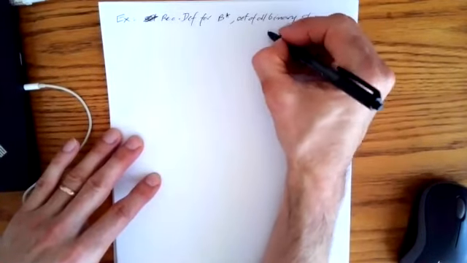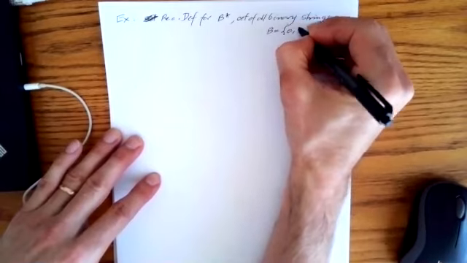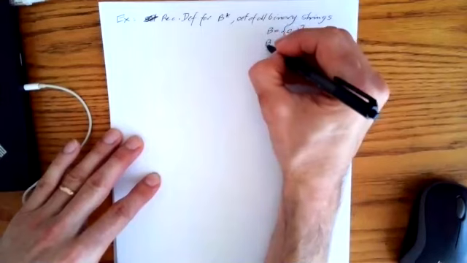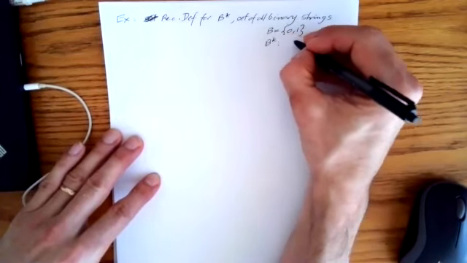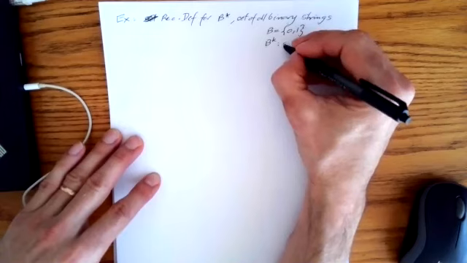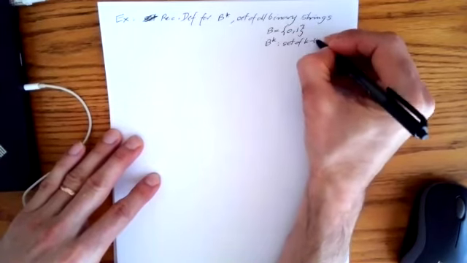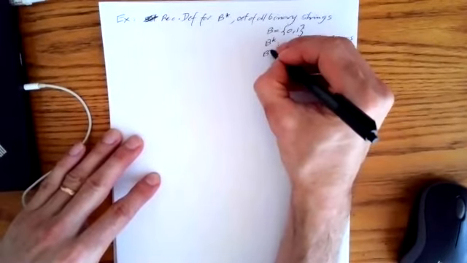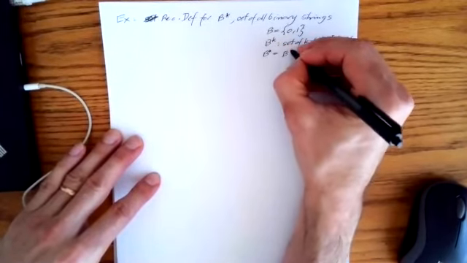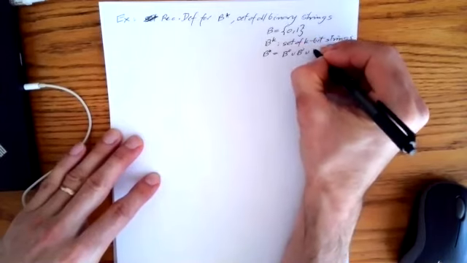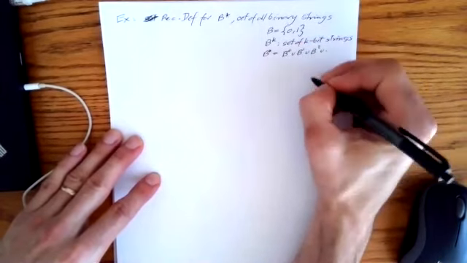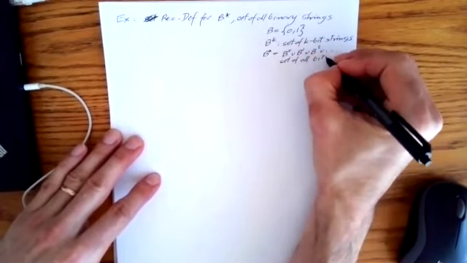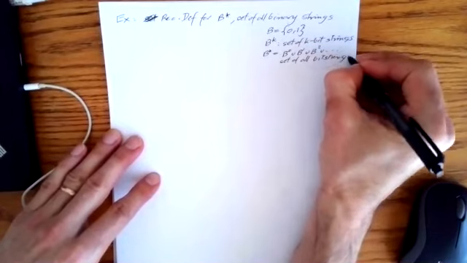Bits, I'm going to say, is the set of bits. B to the k is the set of k-bit strings, and B star is the union of B to the 0, B to the 1, B to the 2, B to the whatever. So this is the set of all bit strings, no matter what their length is.